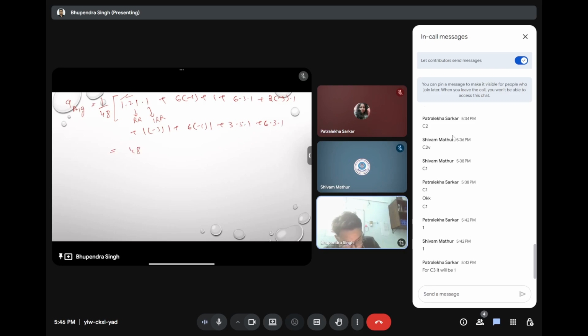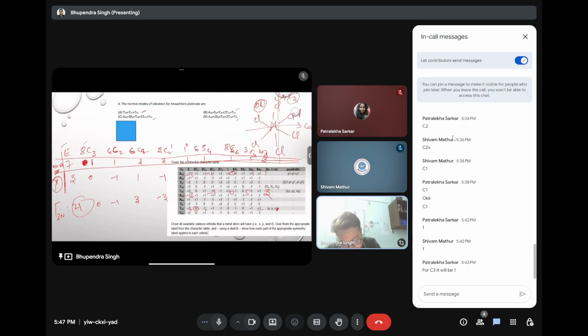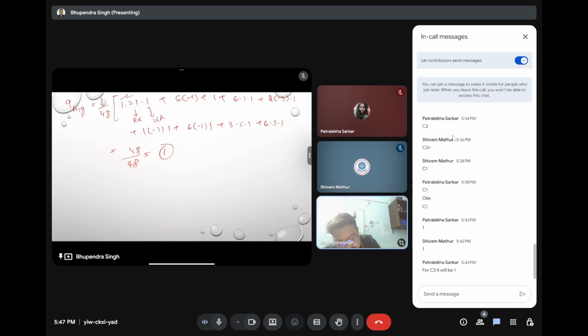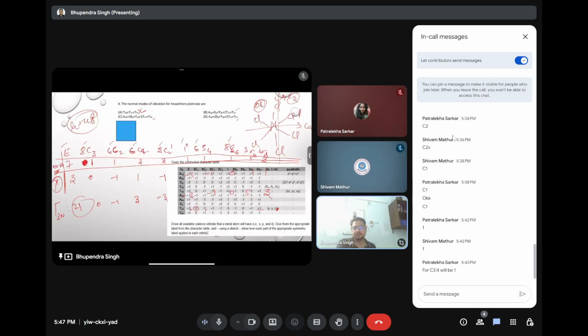It will be 48 by 48 equal to 1. How is it 48? You can add 1, 8, 9, 6, 15, 21, 23, 25, 31, 39 and 9, 48. So h is 48. So it will be 1, which means this option got eliminated, right?